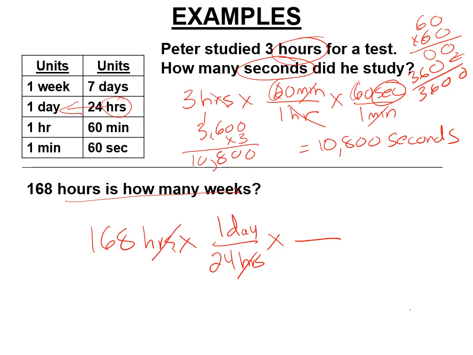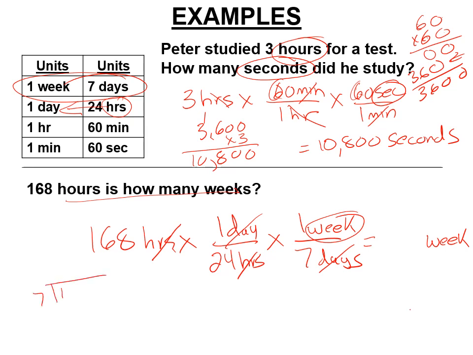And I would set this all up before I do any actual work because you want to make sure you did it right. And then in one week is 7 days, right? So 7 days equals 1 week, right? 168 hours is how many weeks, right? You want the correct word to end up right there. Right, we want weeks.